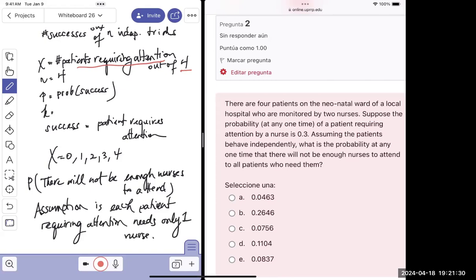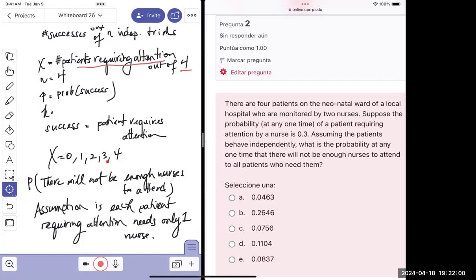So the problem with this problem is just that there's so much information you have to sort out. But it's pretty straightforward when I explain it. For there not to be enough nurses, how many patients should be sick or requiring attention? If 2 patients are in having an emergency, you have enough nurses, right? Because we have 2.